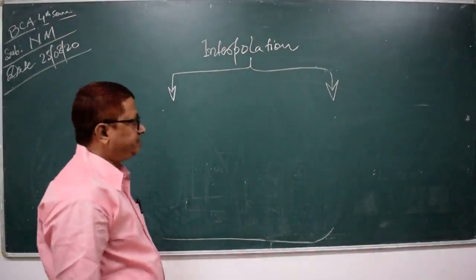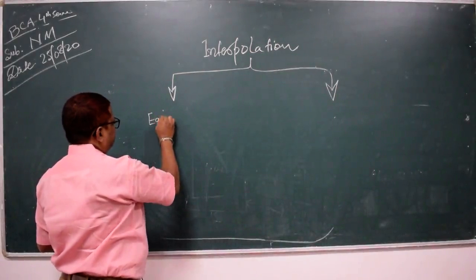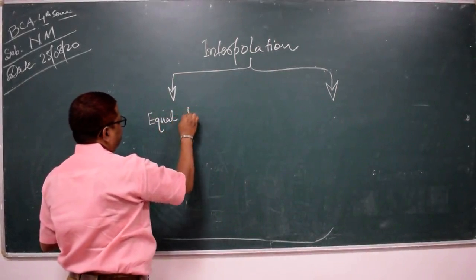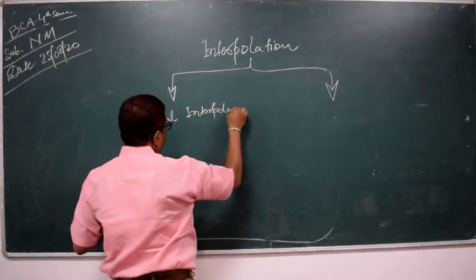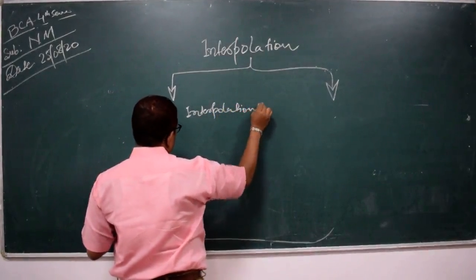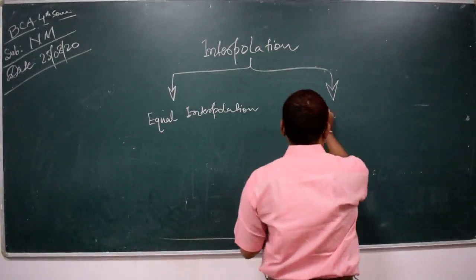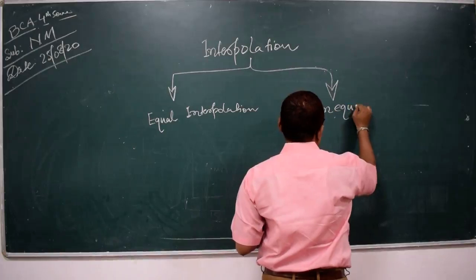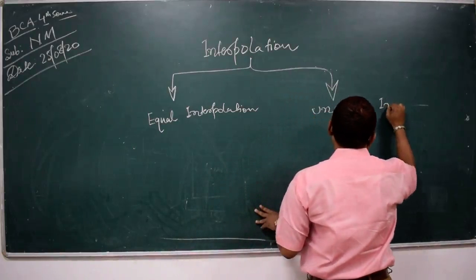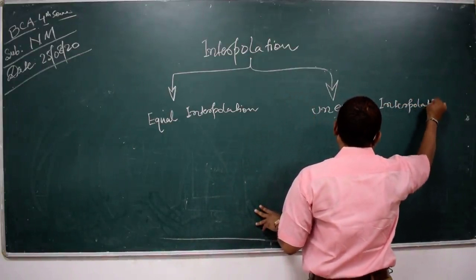One part of interpolation is called equal interpolation. Another part of interpolation is called unequal interpolation.